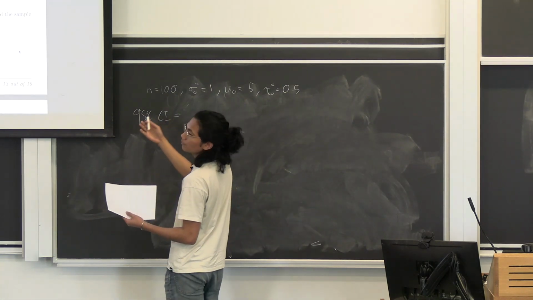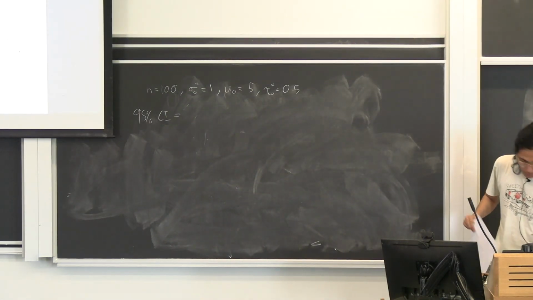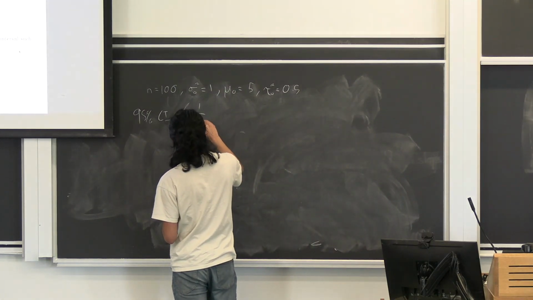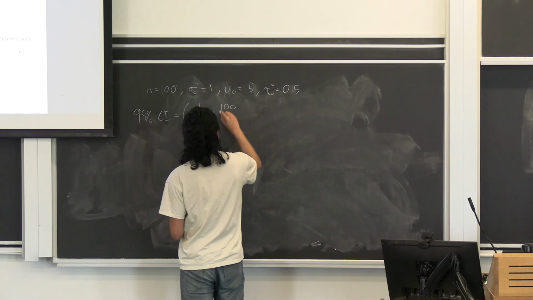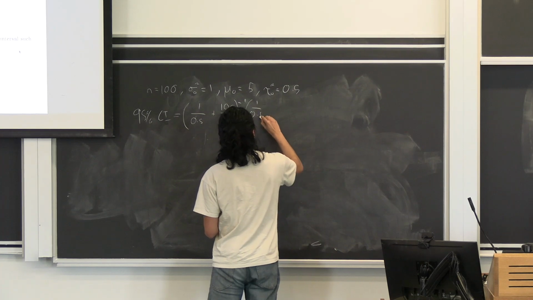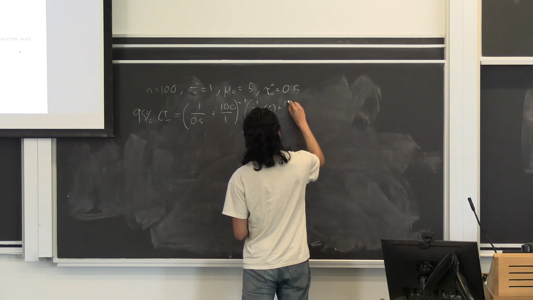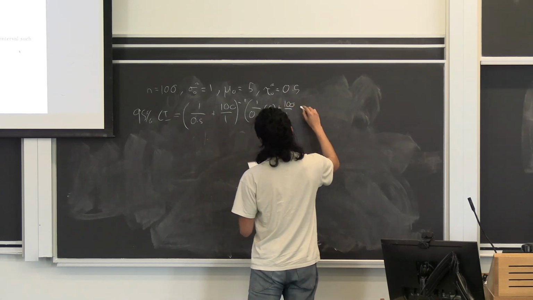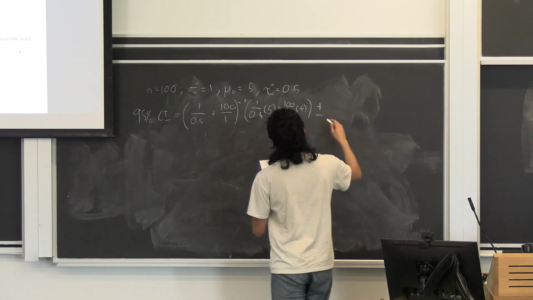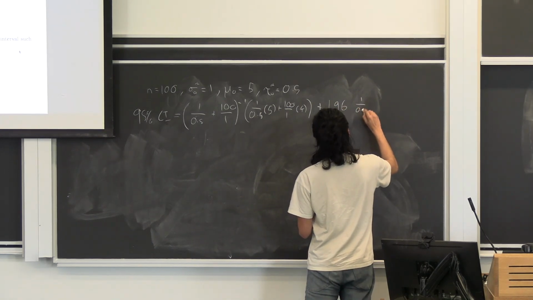So we'll just basically plug in to the formula that I've showed you just now. And we will get plus minus 0.96.